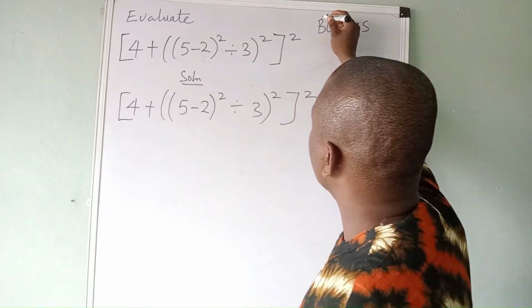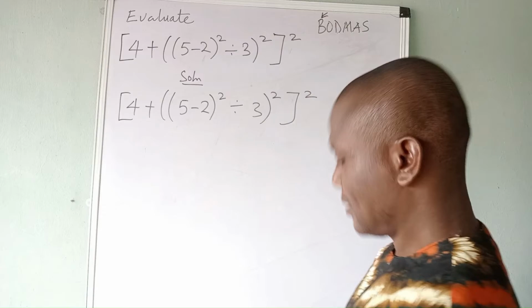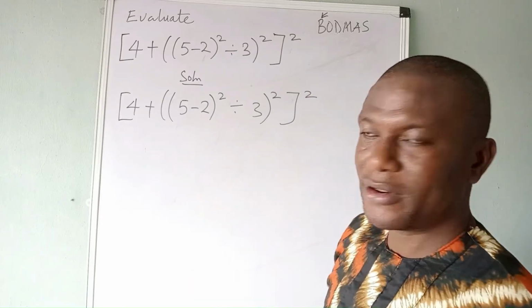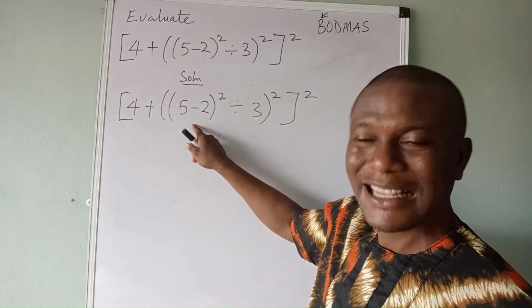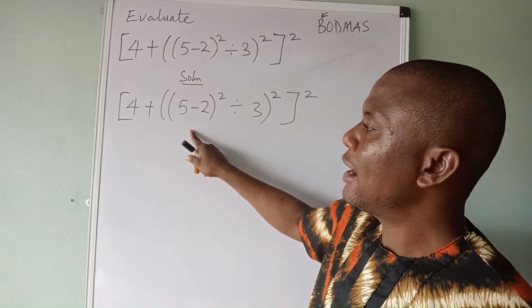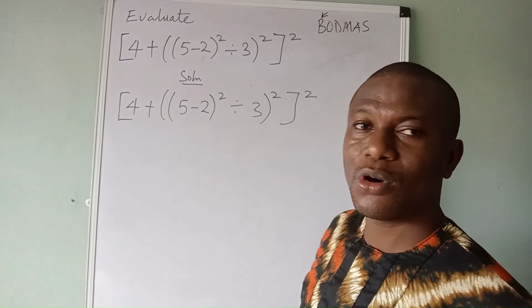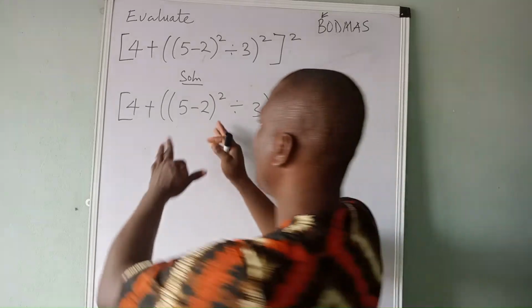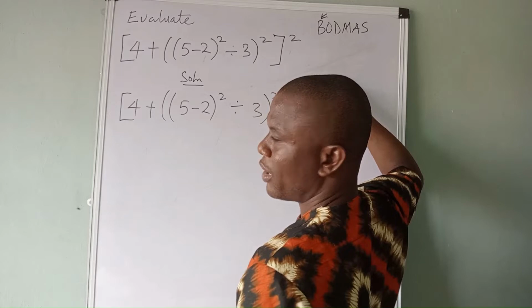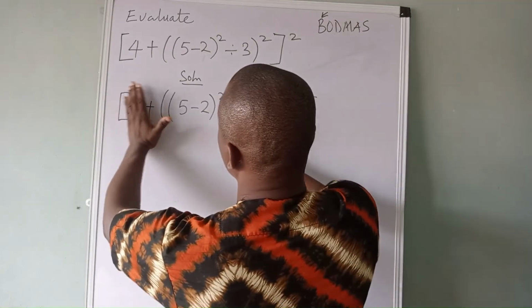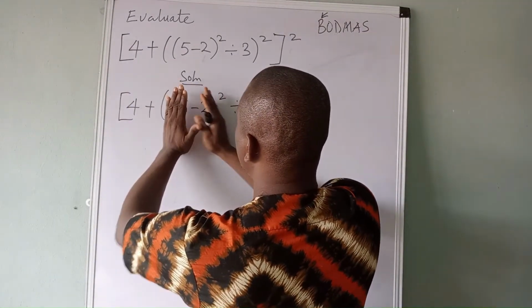So we look at BODMAS, brackets. We resolve the bracket first. It is ideal to solve the internal brackets and extend to other brackets. So if you look at this, there is a square bracket and there is also a square, meaning that every other thing that is computed here should be squared.